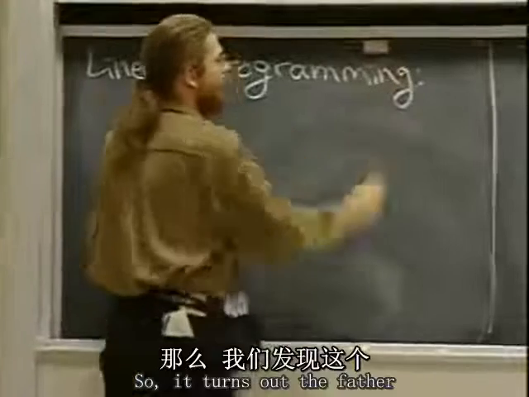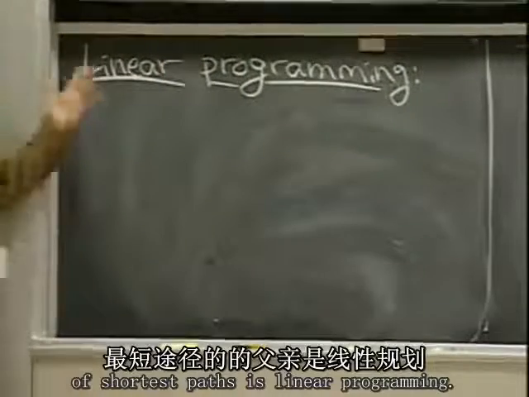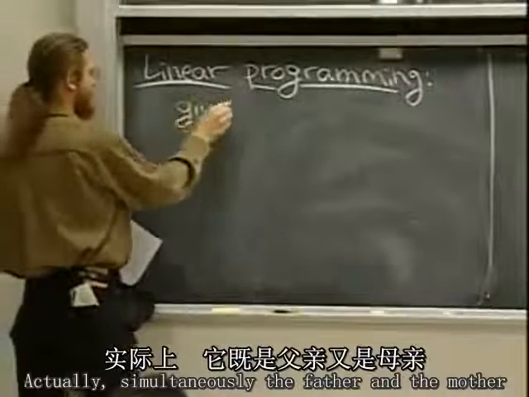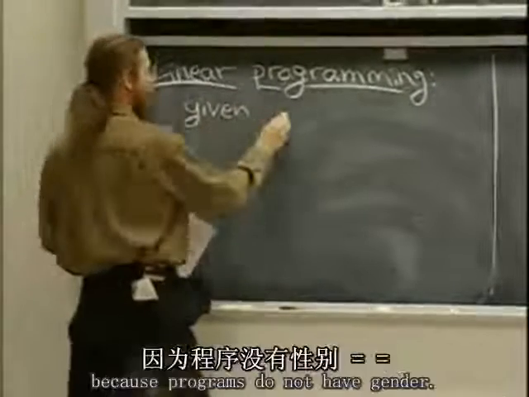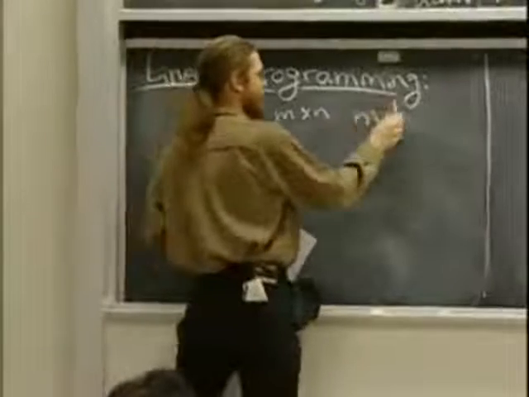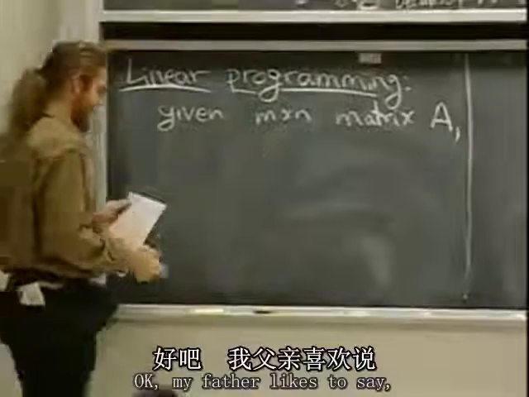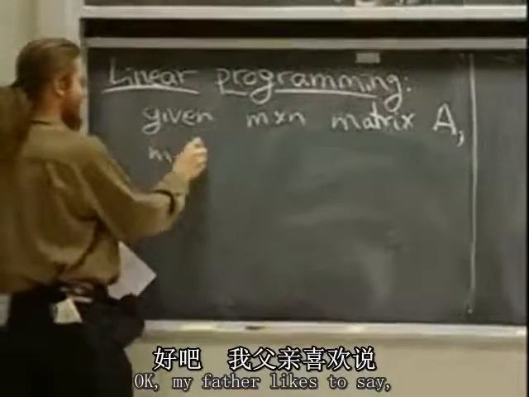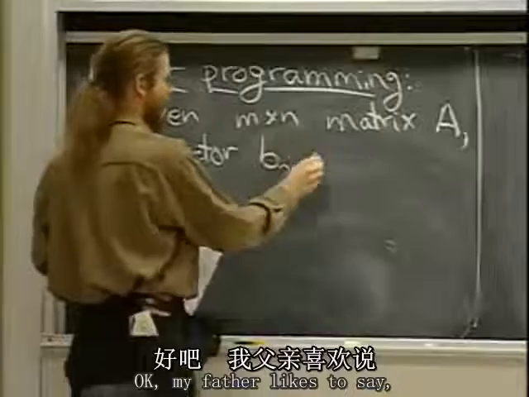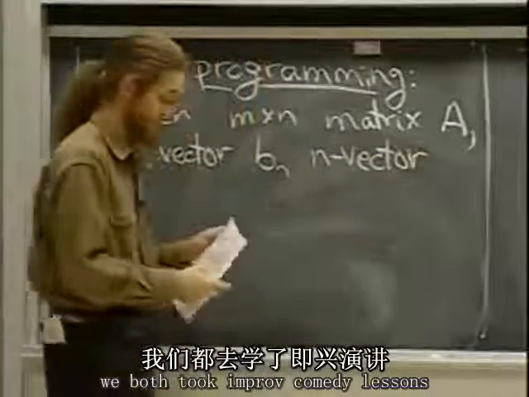So it turns out the father of shortest paths is linear programming. Actually, simultaneously the father and the mother, because programs do not have gender. Okay. You know, my father likes to say, we both took improv comedy lessons.